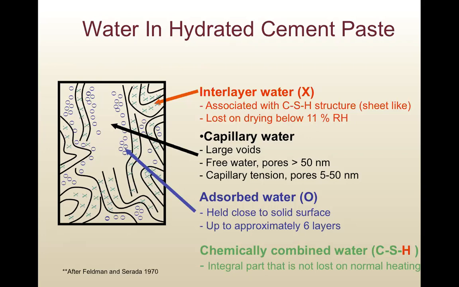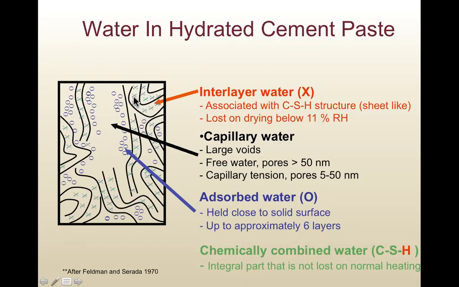The first one is the red cross, or what we call interlayer water. The black line is the CSH, the hydration product. CSH is a sheet-like material, so the interlayer water is the water between the CSH sheets.